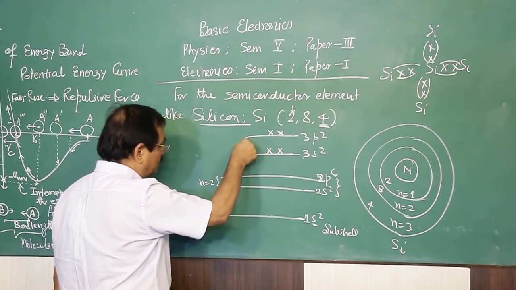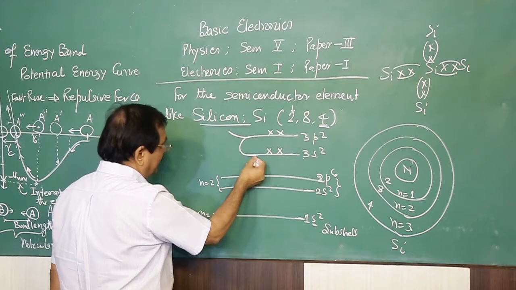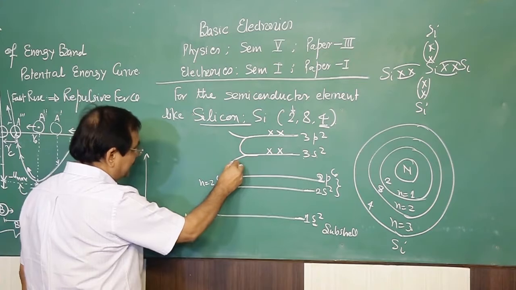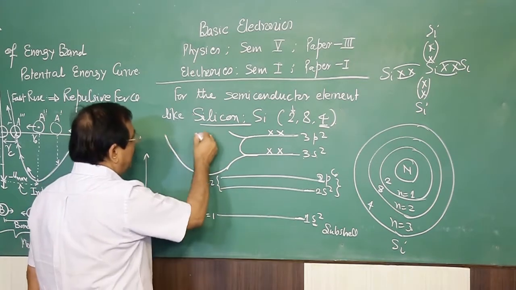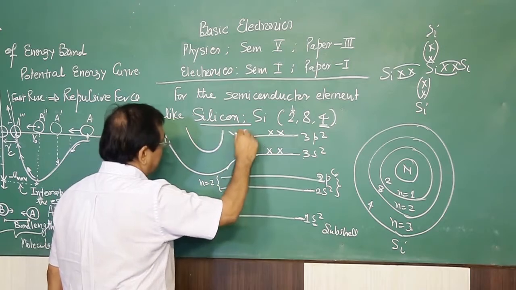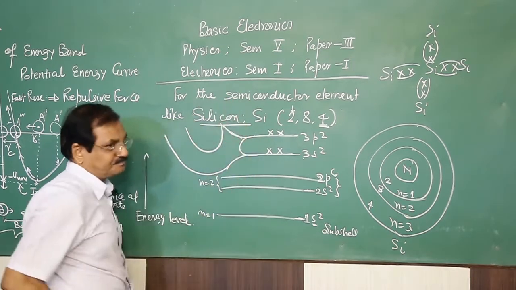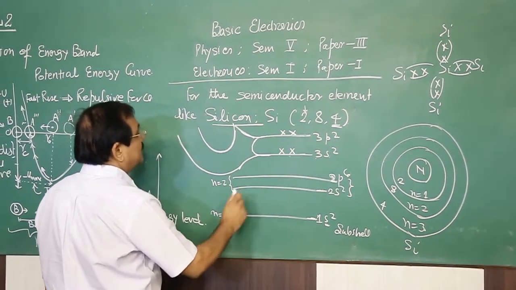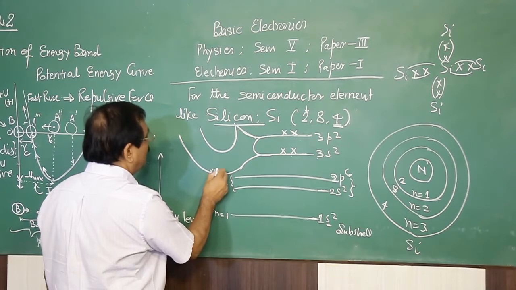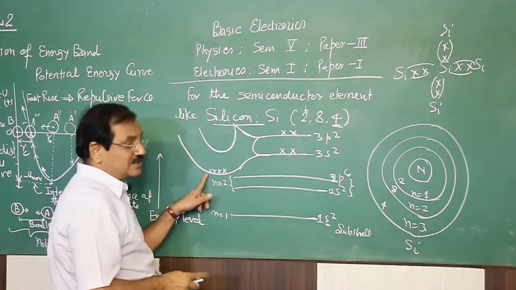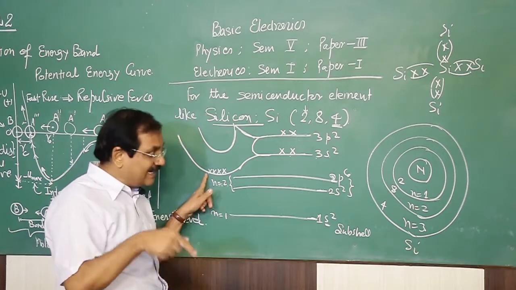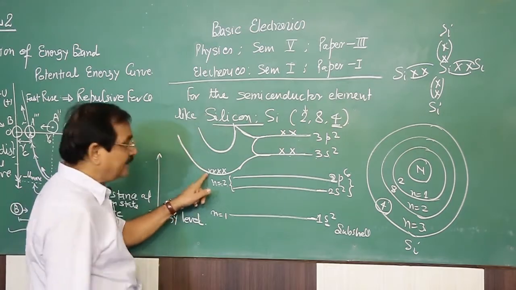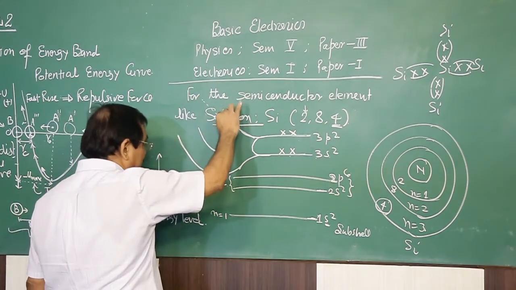When you bring the atoms close, there is a splitting of the energy states, and the energy states look something like this. So, these two electrons and these two electrons combine to make these 4 electrons of the same energy state, and that is why the valency of silicon is 4.